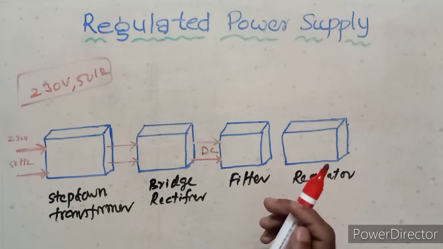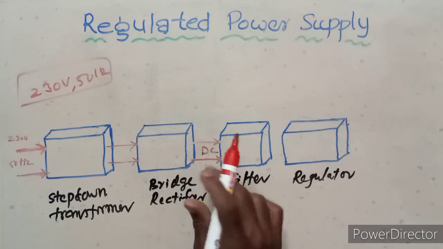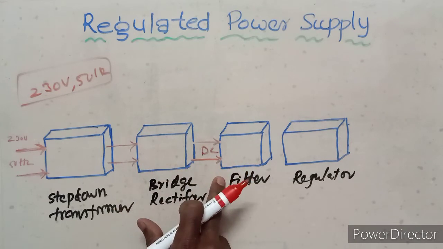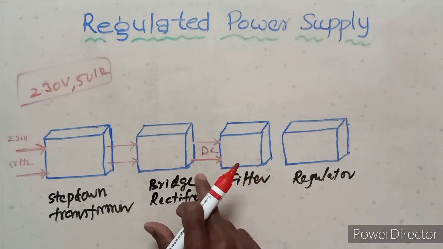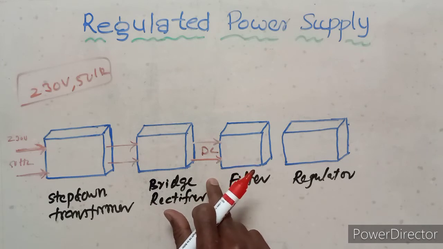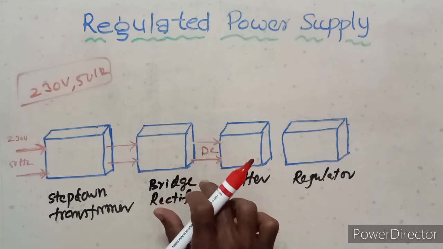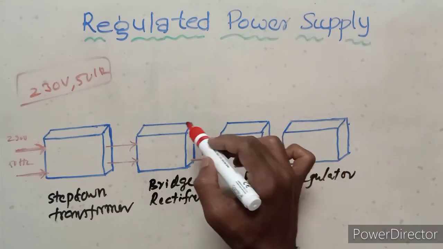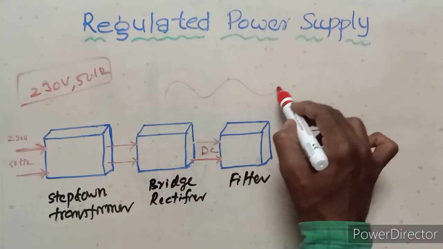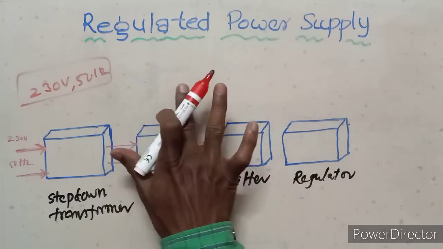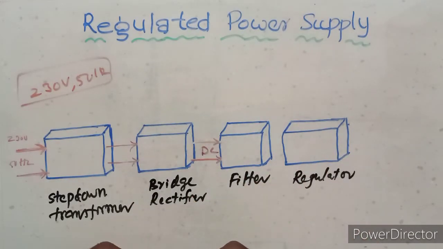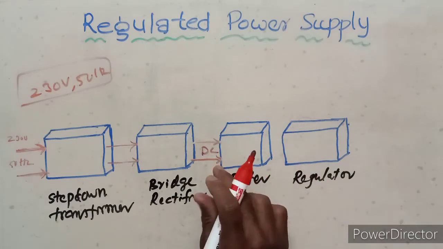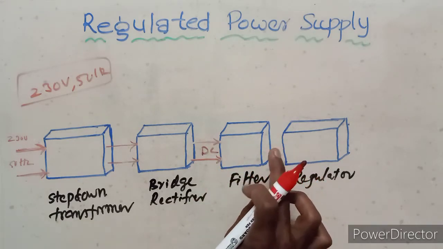So this is the rectified voltage. The rectified voltage from the rectifier is a pulsating DC voltage having a very high ripple content. Ripple means vibrations, just like vibrations and frequencies. So it has highly ripple content, but this is not what we want.